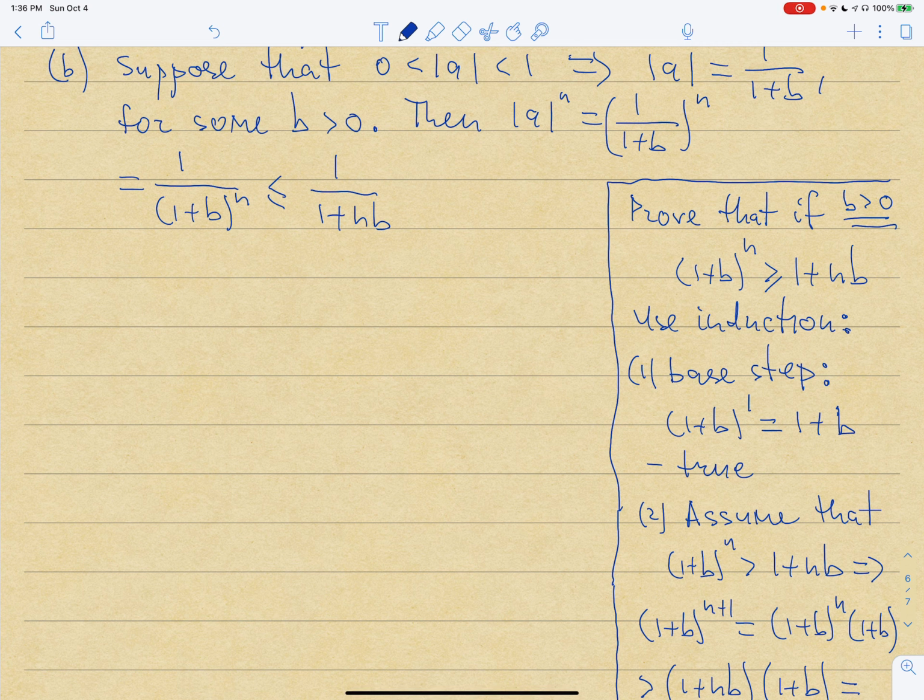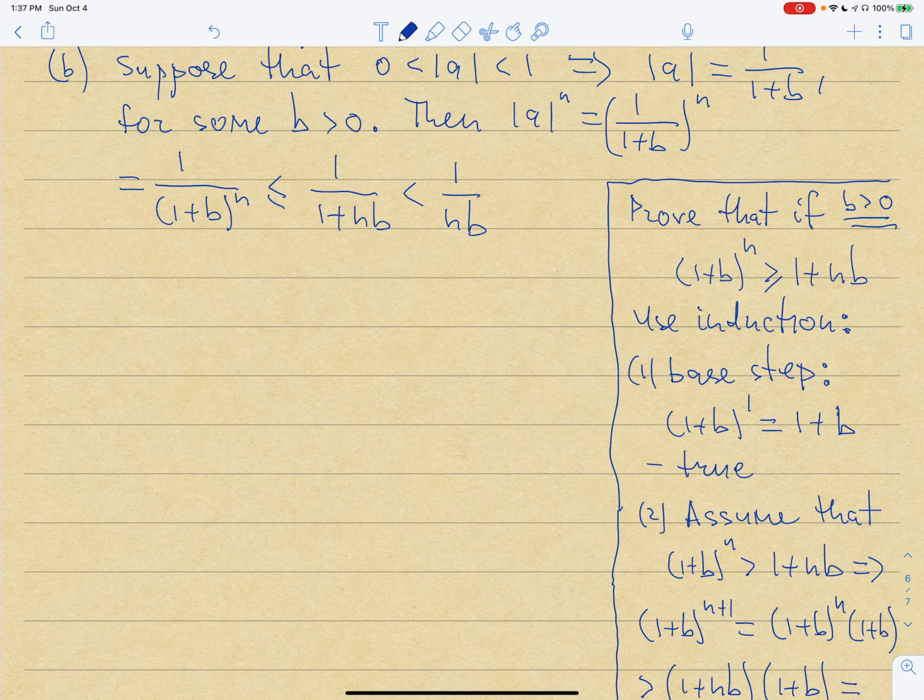And if it is less or equal than 1 over 1 + nb, then if I drop 1 from the denominator, because 1 is positive, I'm only going to make this expression larger. So this is less than 1 over nb. All right.